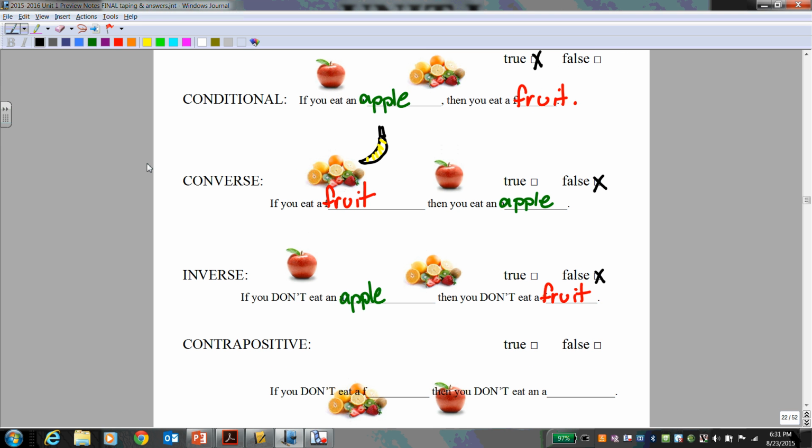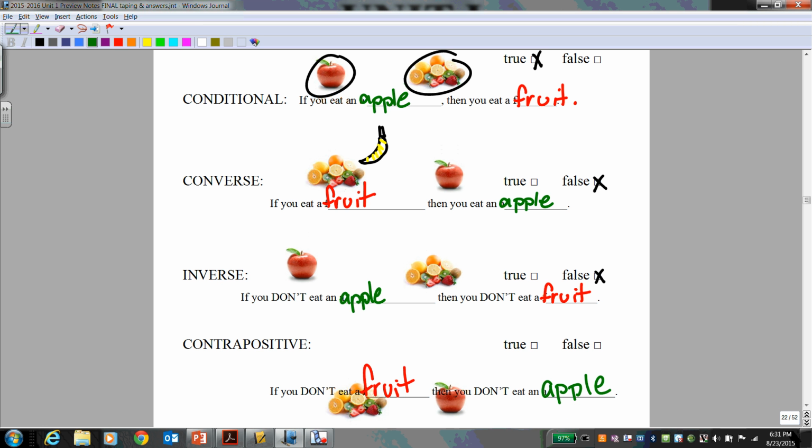The contrapositive, this is where we switch and negate. So the original says apple fruit, reads like this. Now watch carefully. If you don't eat a fruit, then you don't eat an apple.